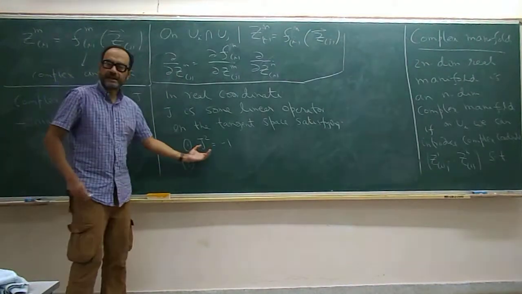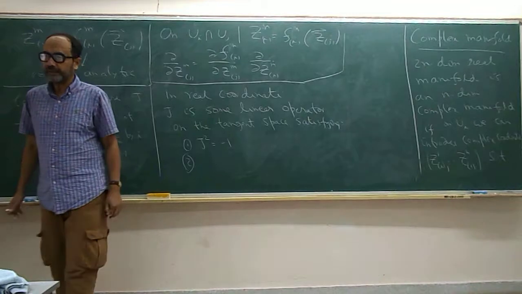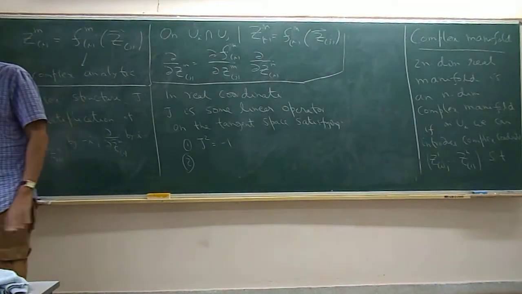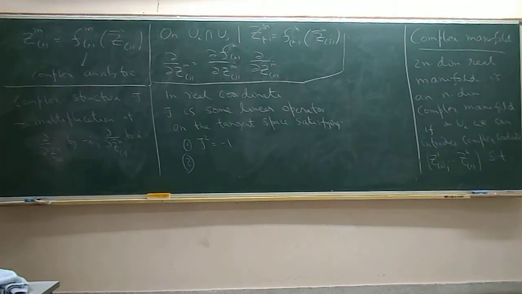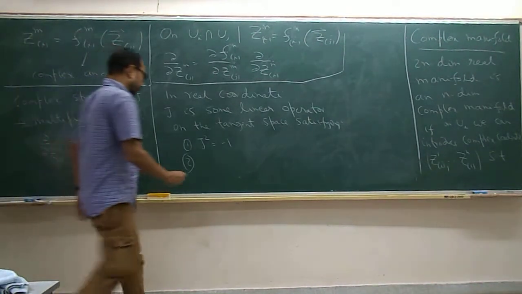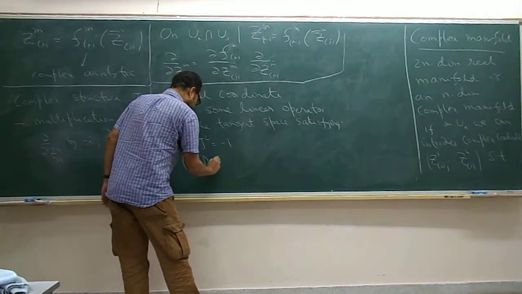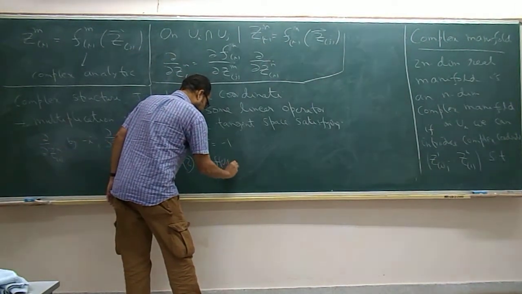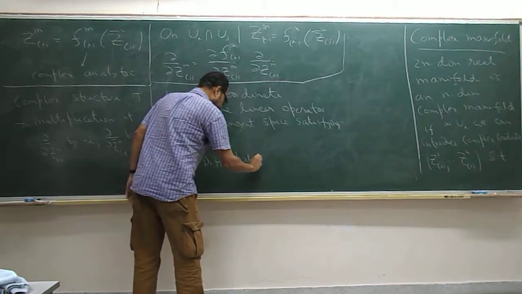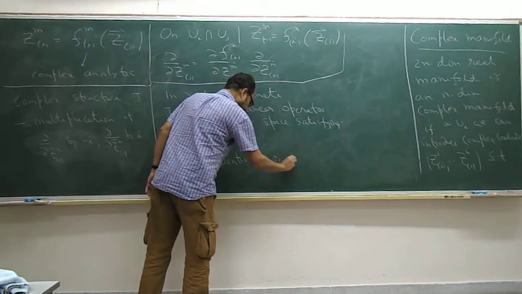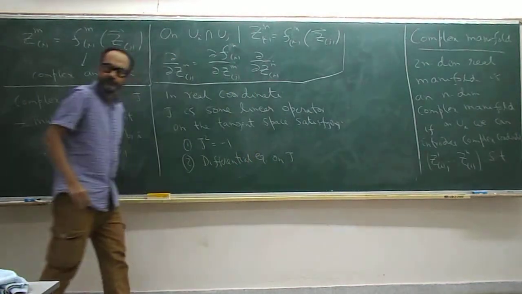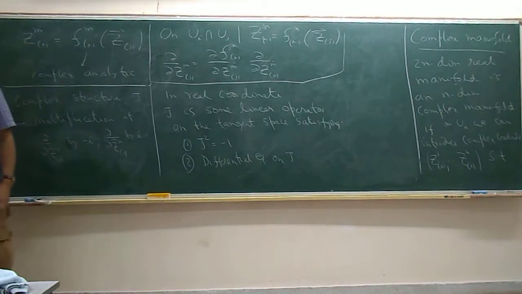Having J squared equal to minus 1 does not guarantee that you can actually introduce complex coordinates satisfying all the analytic properties. So there is furthermore a differential equation on J, which I will not write down. It's called the vanishing of the Nijenhuis tensor.